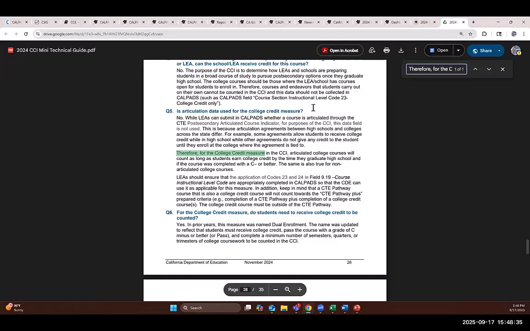The question is, is articulation data used for the college credit measure? And the passage she quoted is, for the college credit measure, articulated courses will count as long as students earn college credit by the time they graduate high school, and if the course was completed with a C- or better.